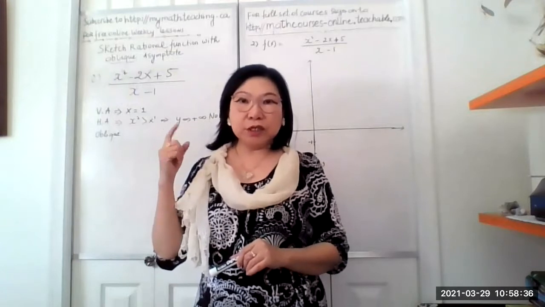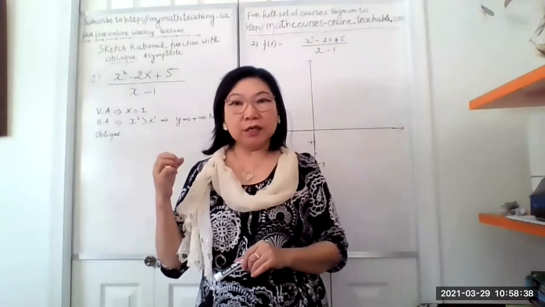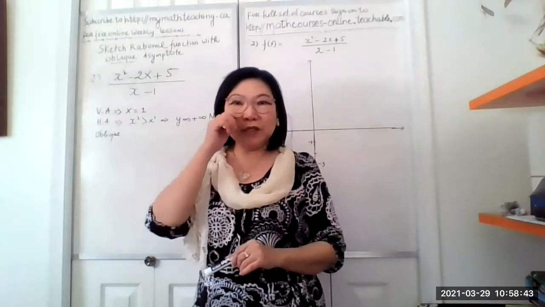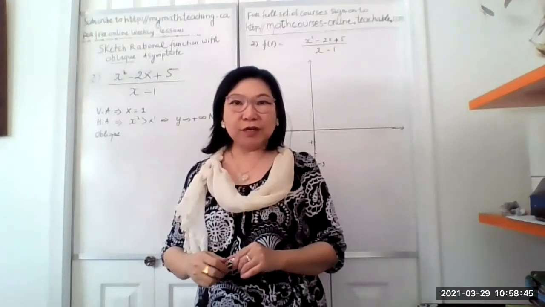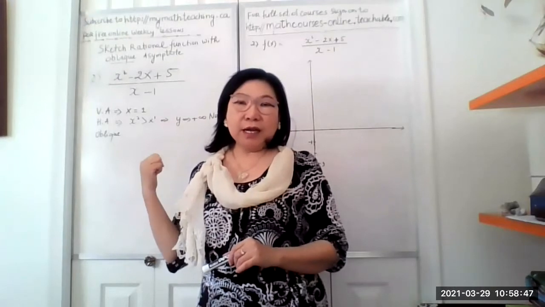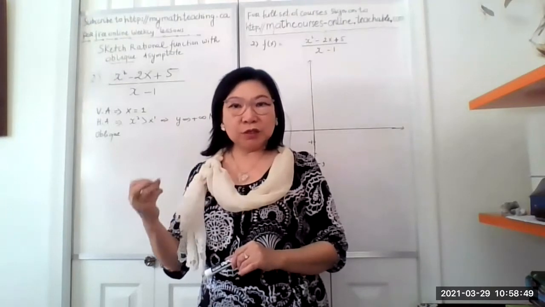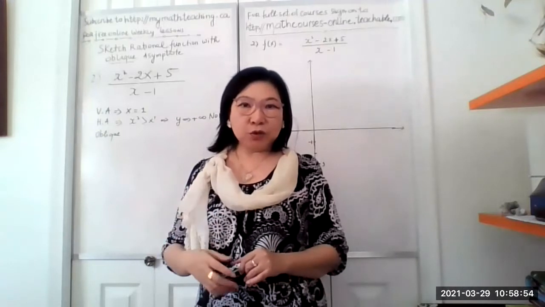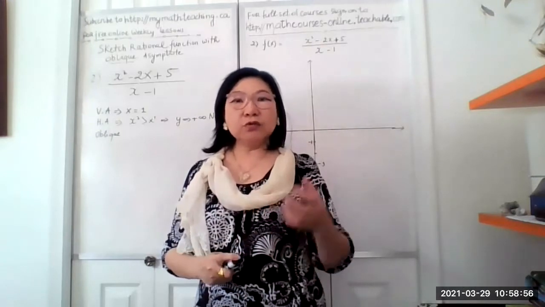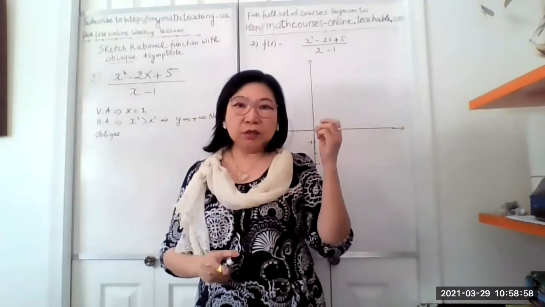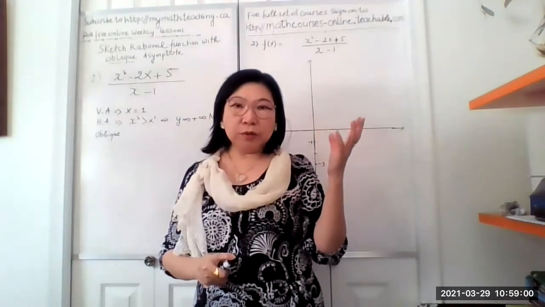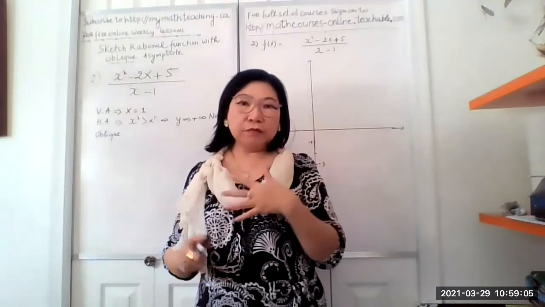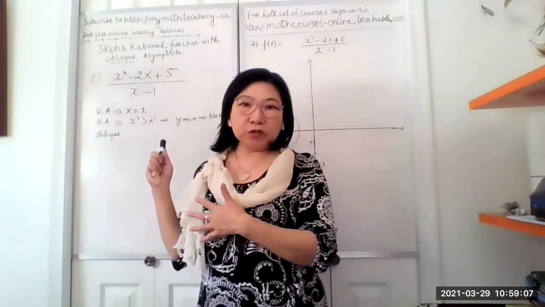In the first question, I showed you how to divide using long division, which is a review for you in the polynomial function. And now in the second question, I would like to use another strategy, and all of this you have learned already.